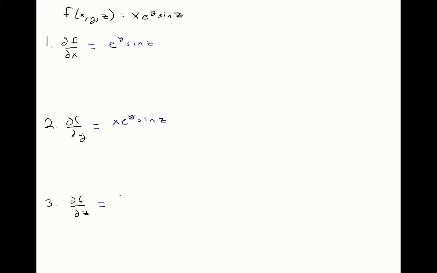And in the last one, if z is our variable, okay, pretty straightforward. So these are the partial derivatives. But there's another type of derivative you can take of a scalar function, and that's called the gradient, and that's what I want to talk about next.